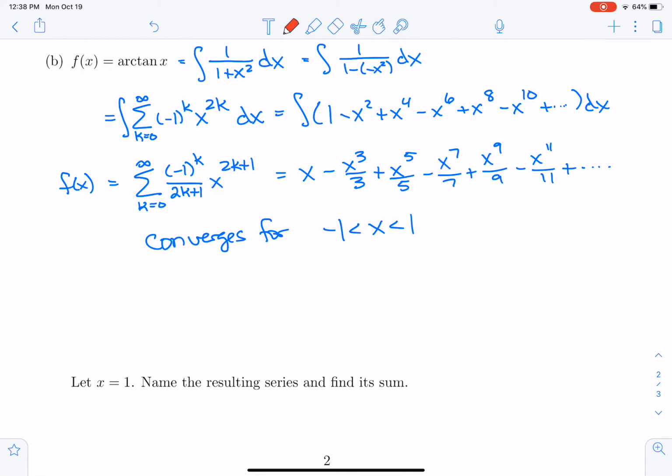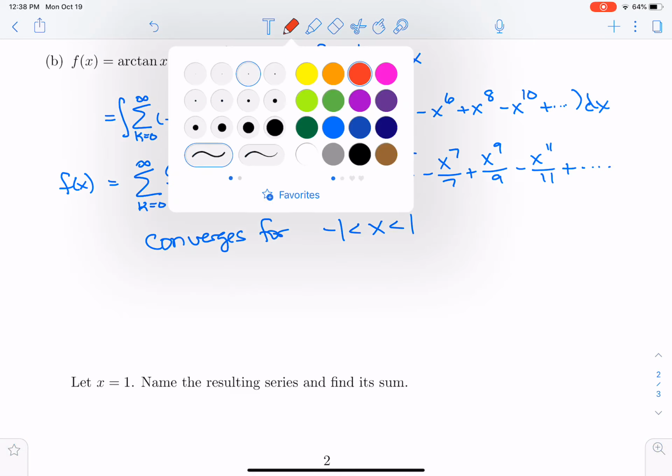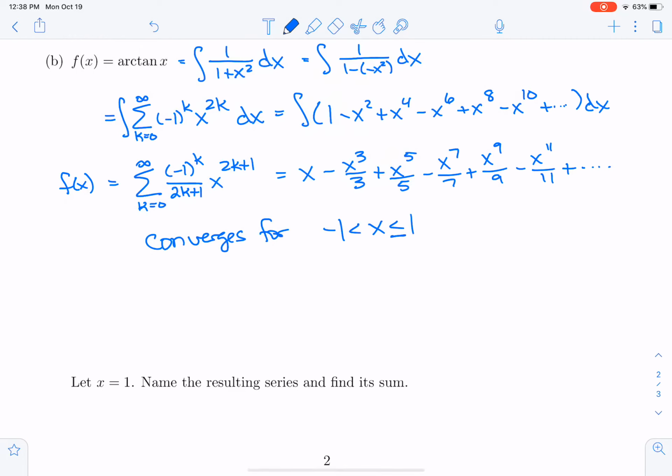So if we plug in x equals 1 in particular, notice that we're looking at this sum of negative 1 to the k over 2k plus 1. And that's an alternating series in which the terms go to 0. So in fact, this does converge at x equals 1, but it does not converge if you plug in x equals minus 1. And so now we found a series that represents arctangent of x.